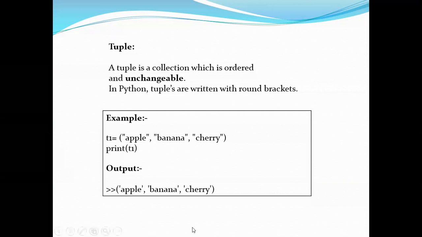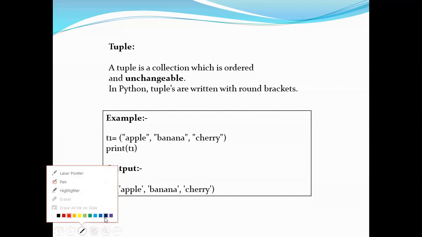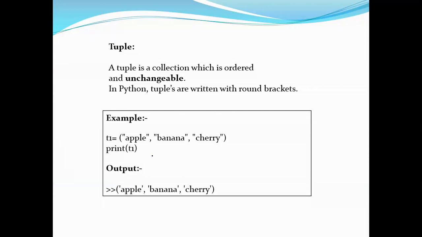Right? So we have a variable t1 which is initialized with a sequence. My sequence here is apple, comma, banana, comma, cherry. I have three strings here. These three strings are separated by commas and enclosed inside round brackets.